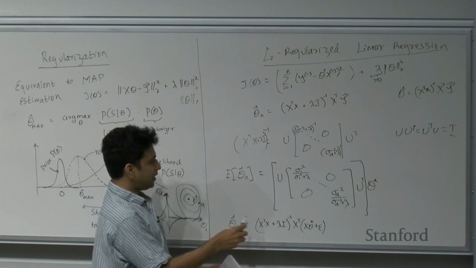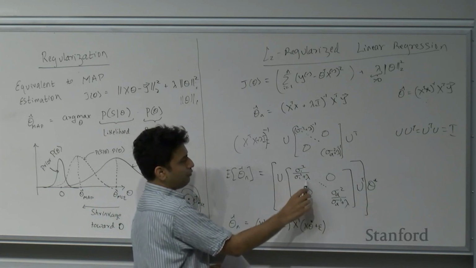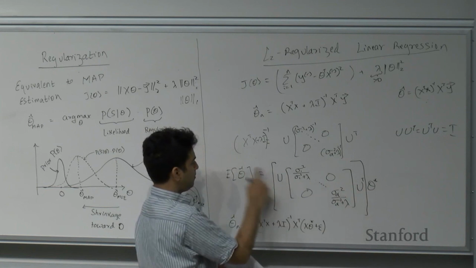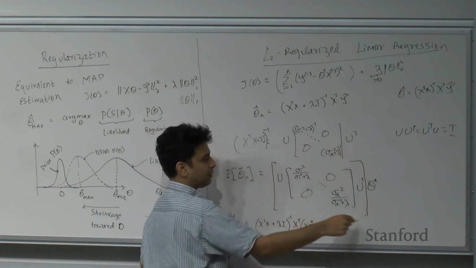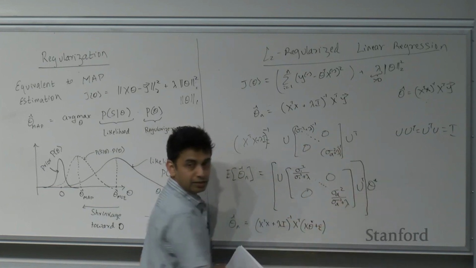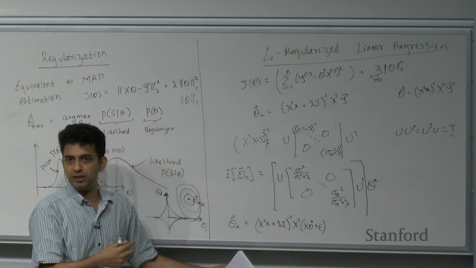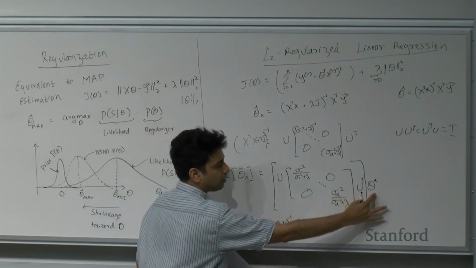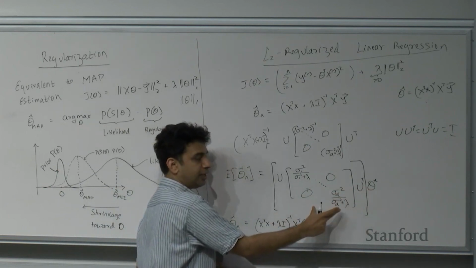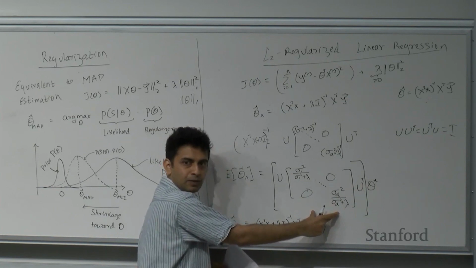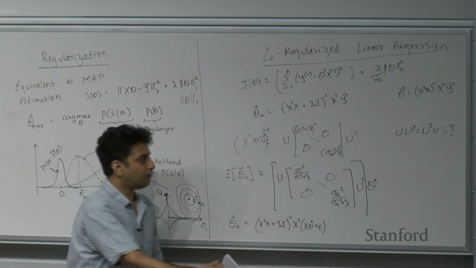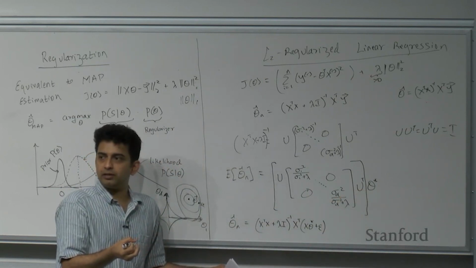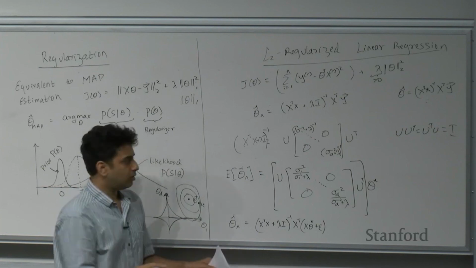So when we have lambda greater than 0, the norm of this entire expression is going to be smaller than the norm of theta star itself, which is how you see the shrinkage effect coming into the picture. You are multiplying the true parameter by a matrix whose eigenvalues are all less than 1, and so the result is going to be a shrunk version of that vector.